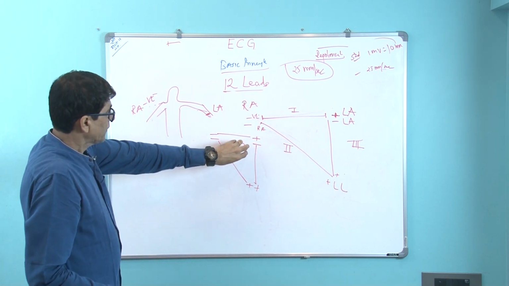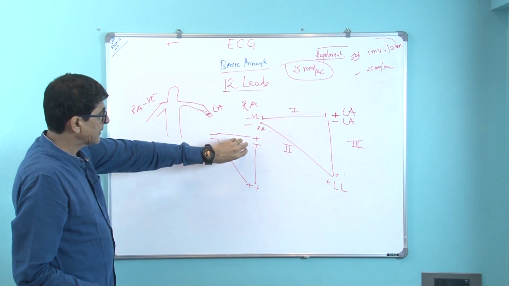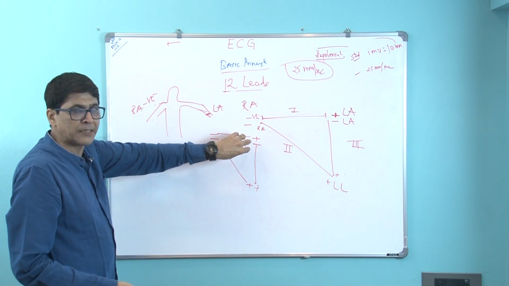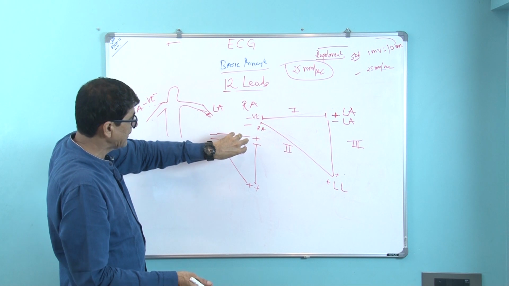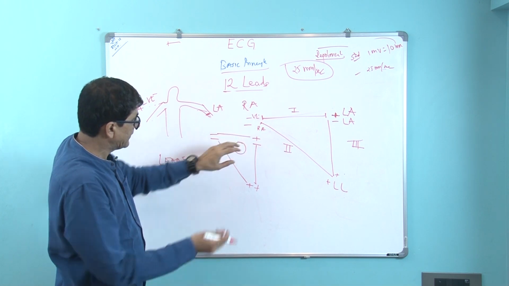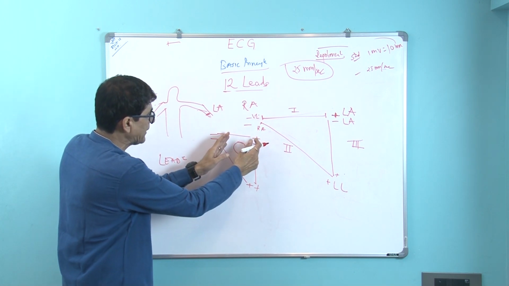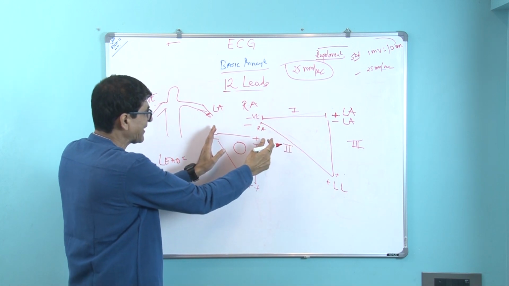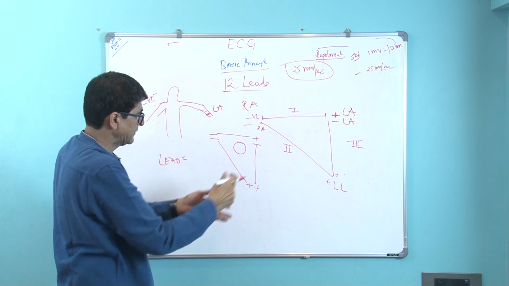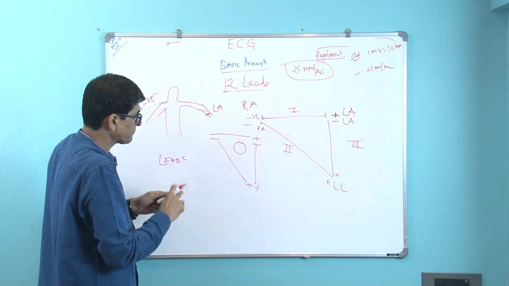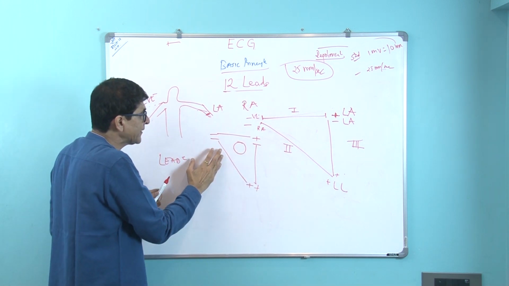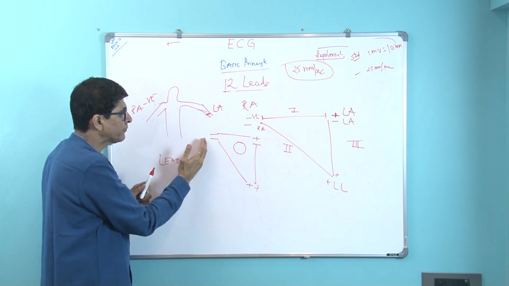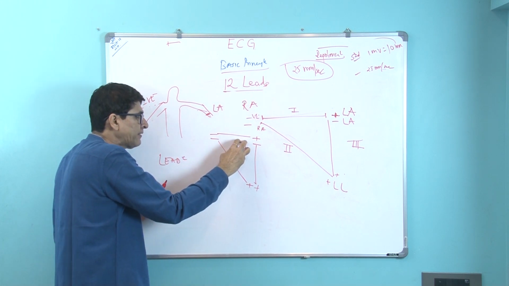Now, the heart is in the center of the electrical field. As the recording electrode goes away from the heart, the electric field diminishes, right?